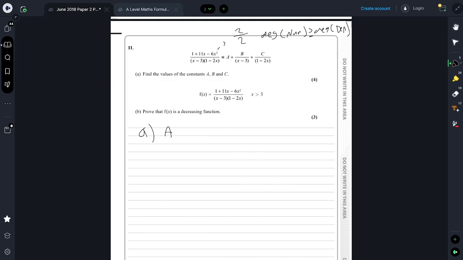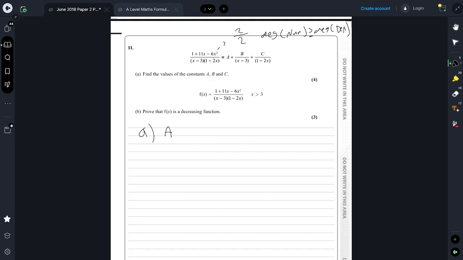The method behind this: combine this all as one fraction, because the left hand side is equal to the right hand side. If you can write this all as one fraction, we can just simply compare. So that's one way of doing it, and I'll go over that.